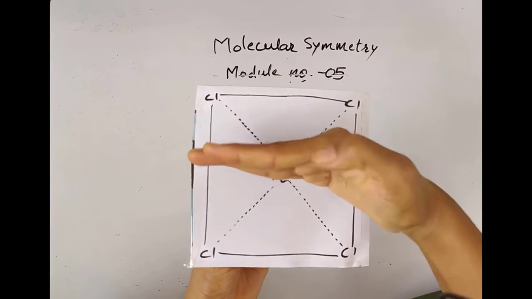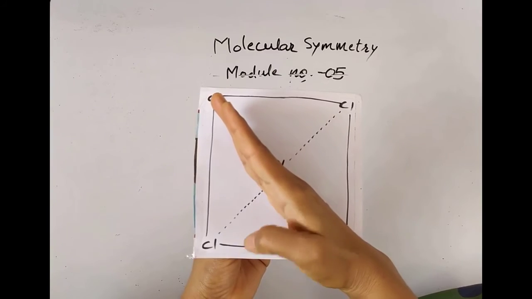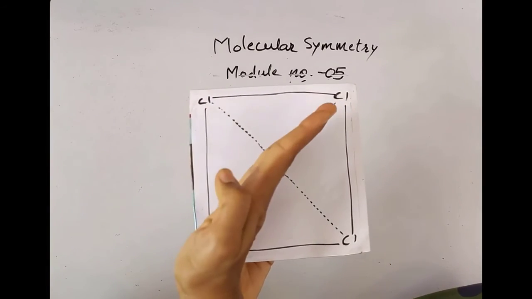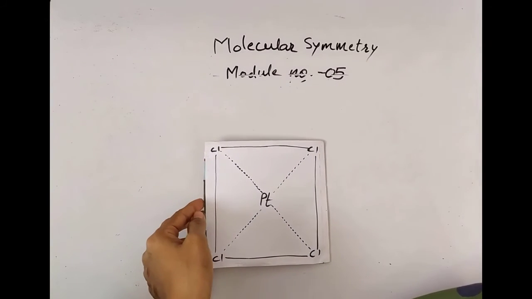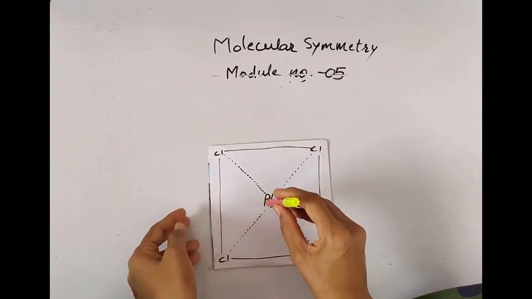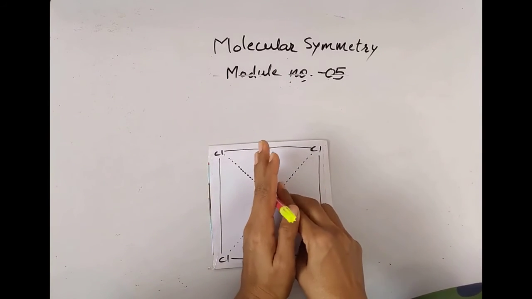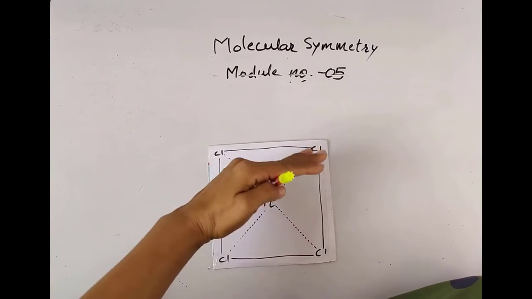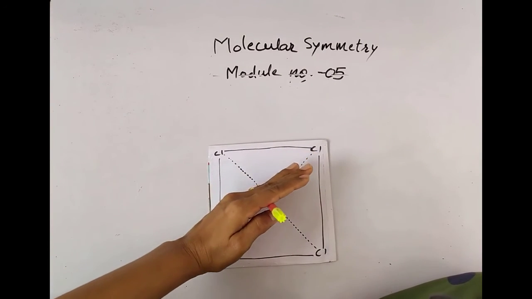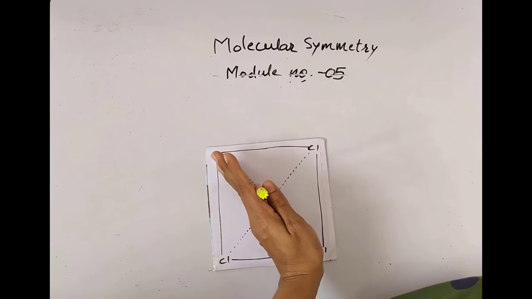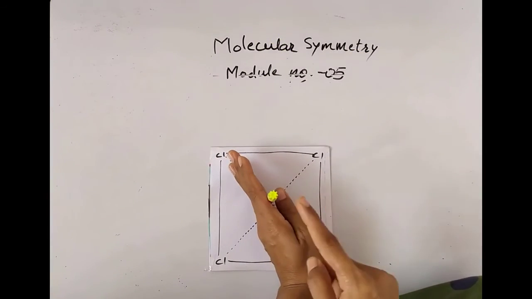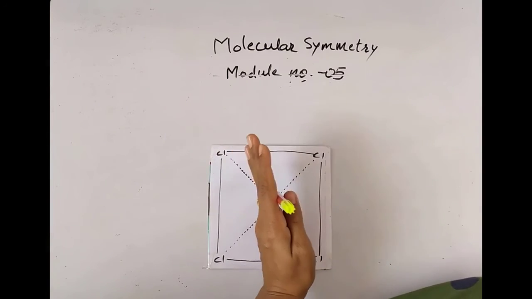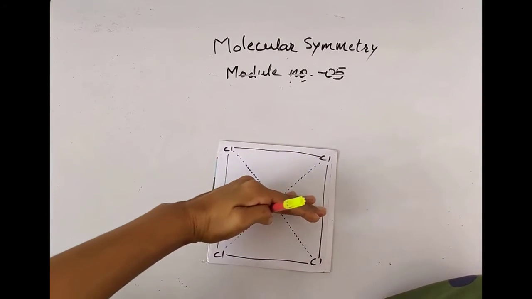Second plane, third plane, 2 equal halves, and fourth plane, 2 equal halves. And plane and axis, they are parallel. 1, 2, 3, 4, everywhere the principal axis and plane are parallel. So these are the 4 sigma v's.